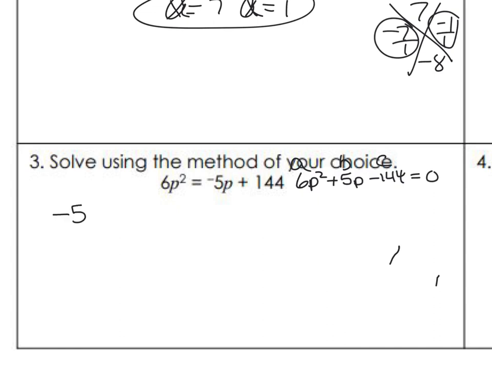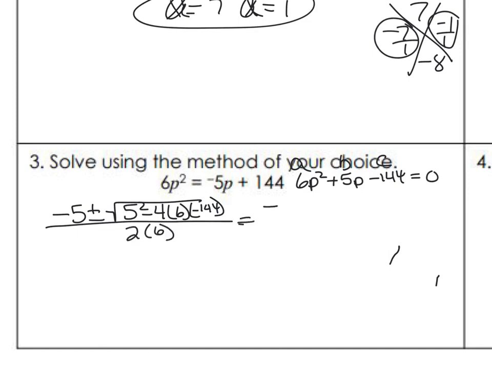So opposite of b plus or minus square root b squared minus 4 times a times c over 2 times a. So my discriminant is going to be a positive number, 3,481 divided by 12.